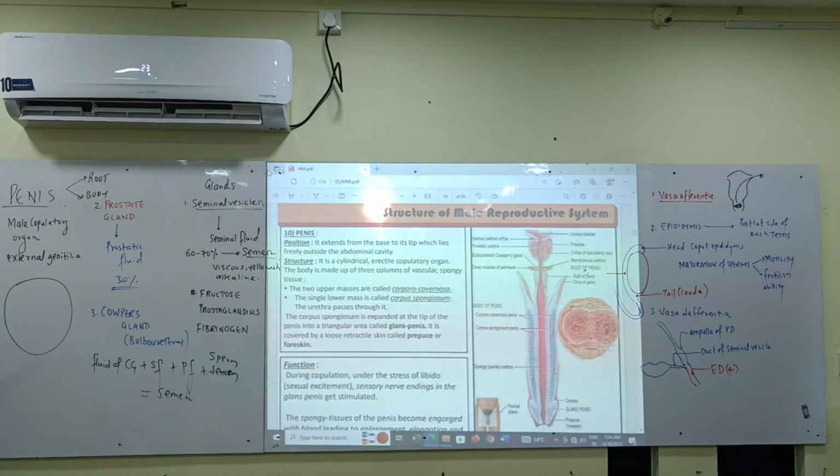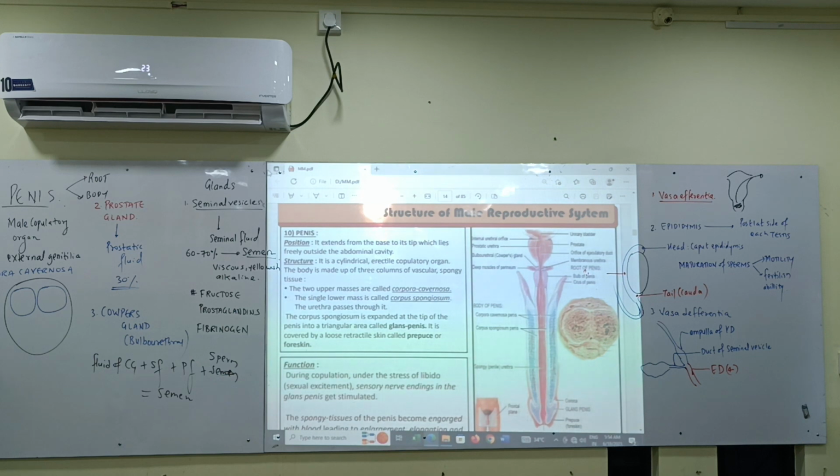So what have we taken? TS of the penis. It shows the presence of dorsolateral tissues. Dorsolateral, I said it correctly, didn't I? Because they are dorsal and lateral bundles, which are called corpora cavernosa.